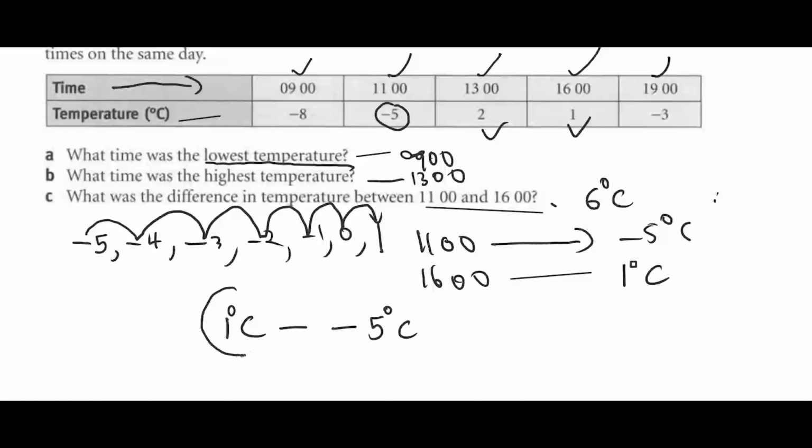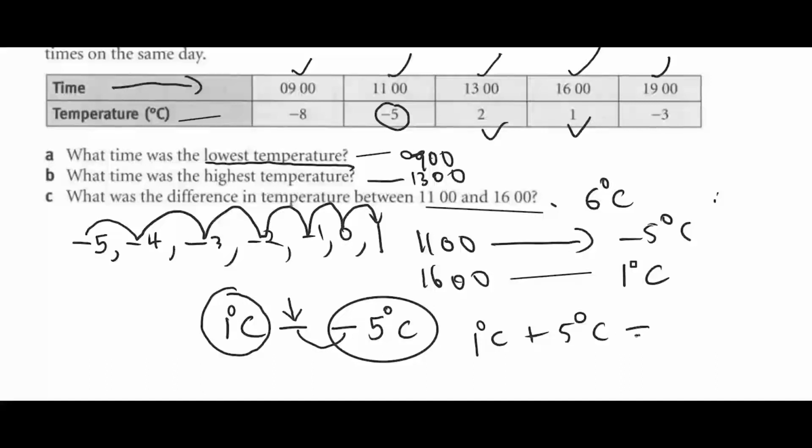So this is the temperature for 16 o'clock, and this is the temperature for 11 o'clock. So we want to find the difference. These two signs will combine together to become positive. That means you have 1 degree Celsius plus 5 degrees Celsius, and that will give you 6 degrees Celsius.